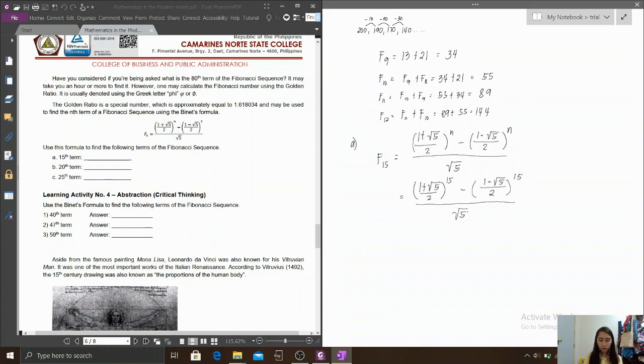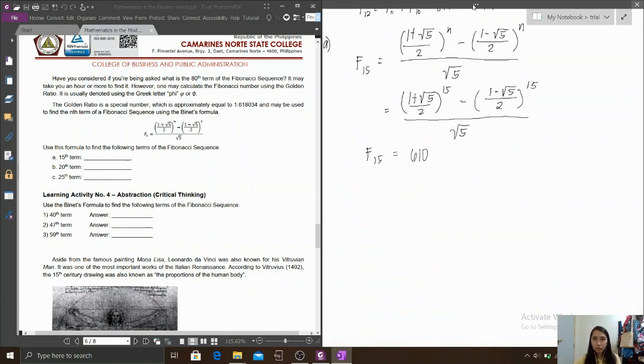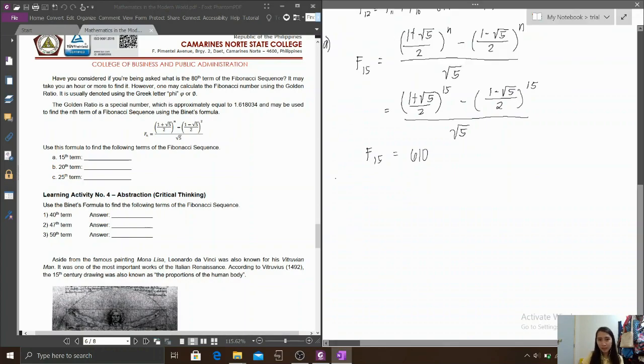So, we have f sub 15 is equal to 610. So, to find the 20th term, we will simply substitute 20 to n.